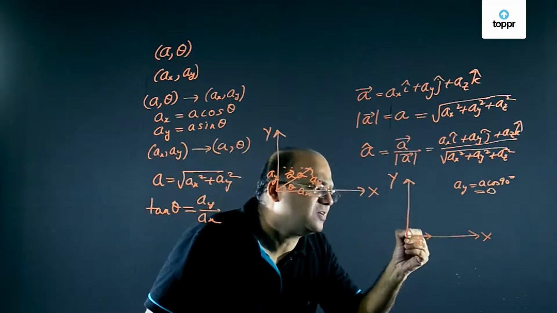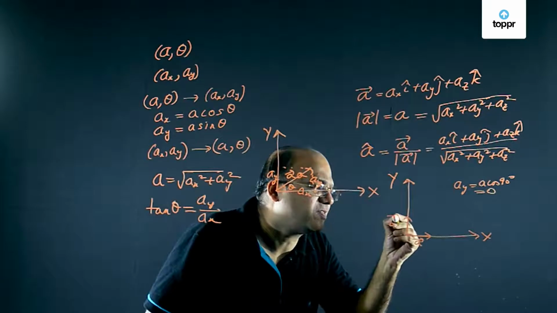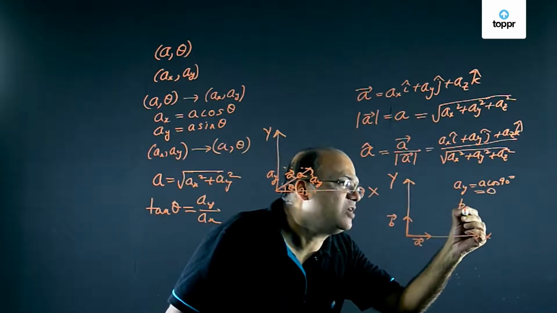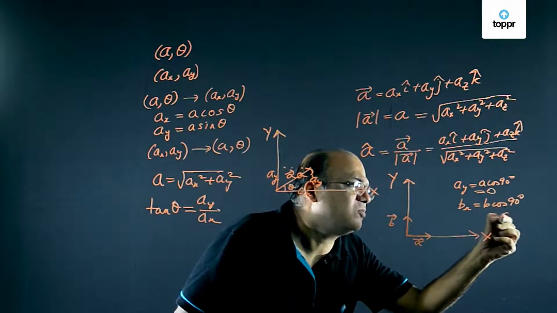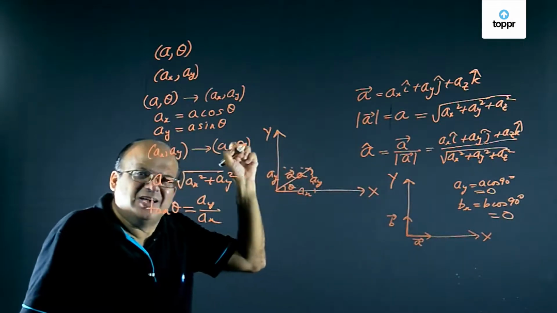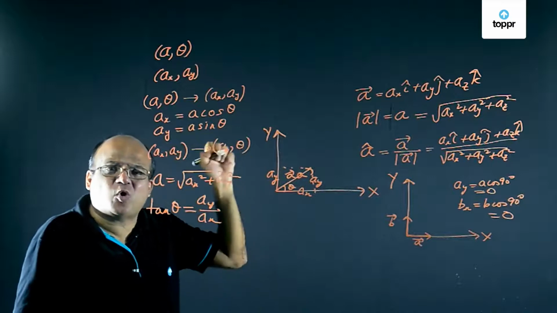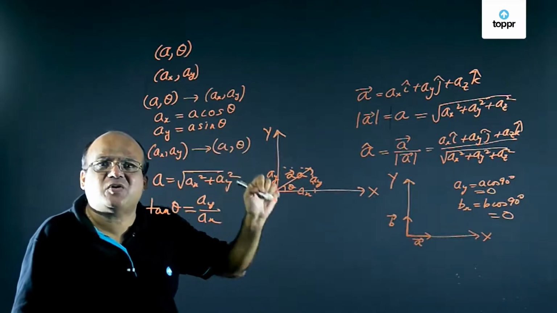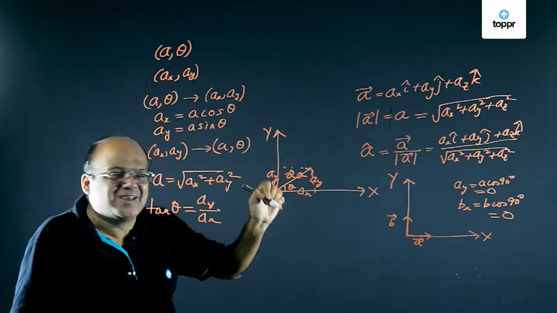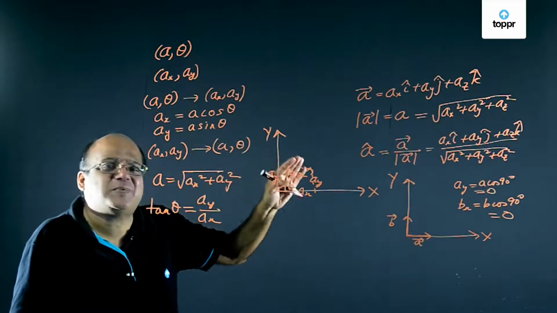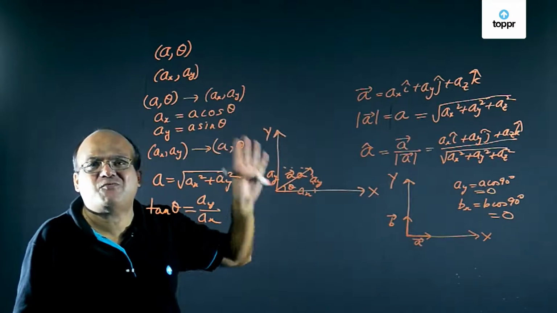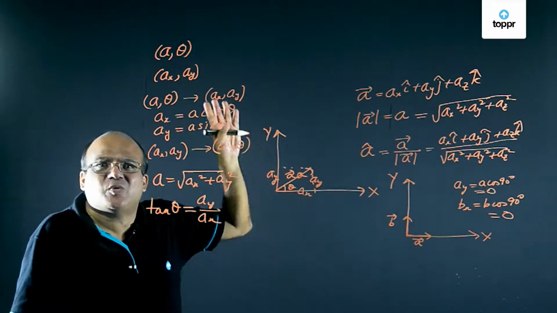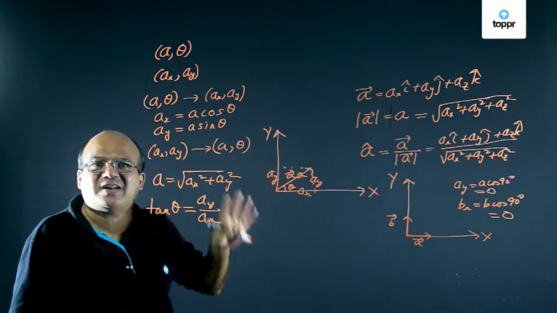Same if a B vector is along y-axis, the x component of B will be B cos 90 degrees. That is 0. This is the reason why the coordinate axes are perpendicular to each other. That way the components become independent of each other. The x component is independent of y and z component. The y component is independent of x and z component.